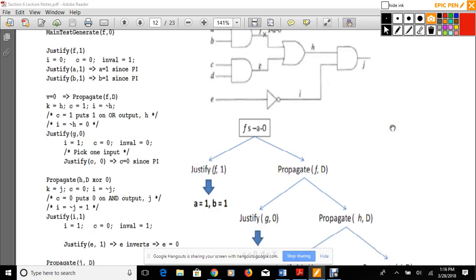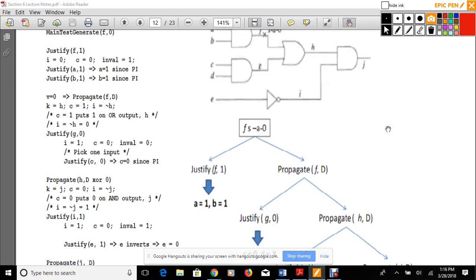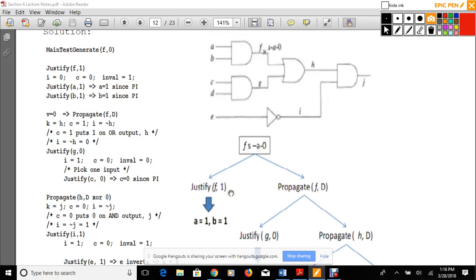So what I've done to make it simpler is I've done this little chart. And so we have F stuck at 0, and then first we justify F equals 1, right? F and 1. So what that means is we go back here, right? The controlling value is 0. And if we want to figure out what this error is, so this is where all the algorithm is going to become and made into natural process.